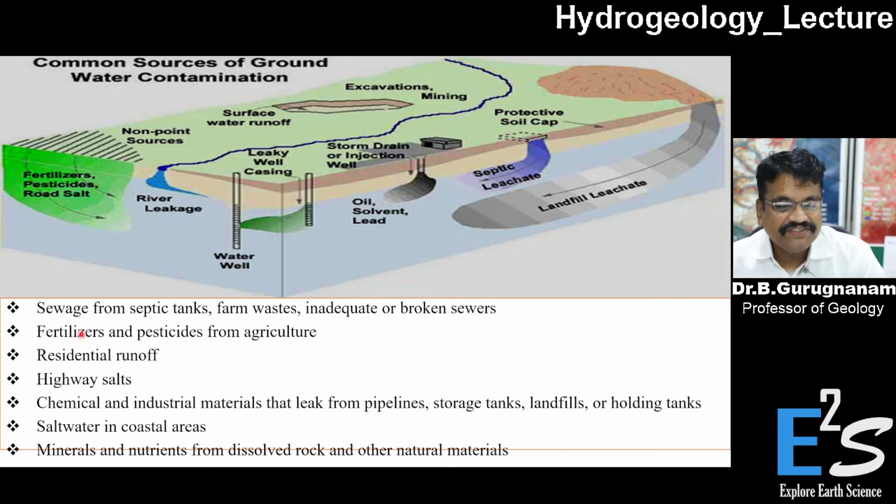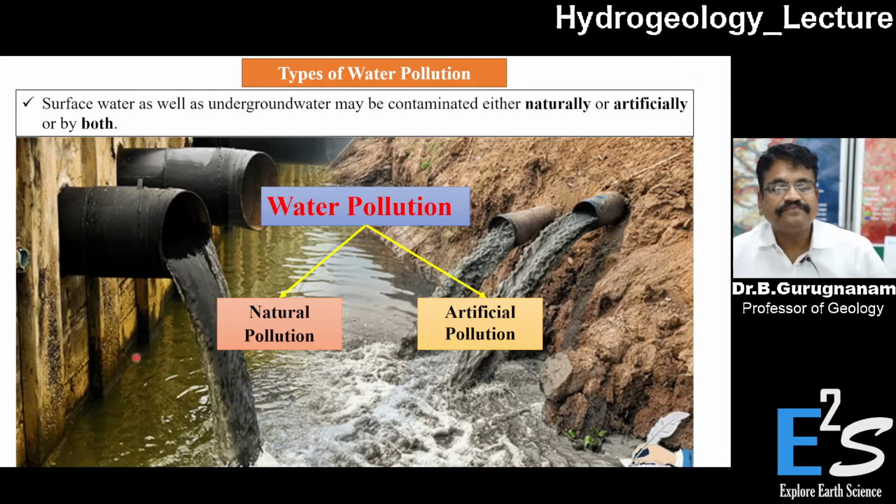And this is the list: sewage from septic tanks, farm waste, inadequate or broken sewers, fertilizers and pesticides from agriculture, residential runoff, highway salts, chemical and industrial material that leaks from pipelines, storage tanks, landfills, holding tanks, salt water in coastal areas, minerals and nutrients from dissolved rock and other natural materials. These are the different sources of groundwater contamination.